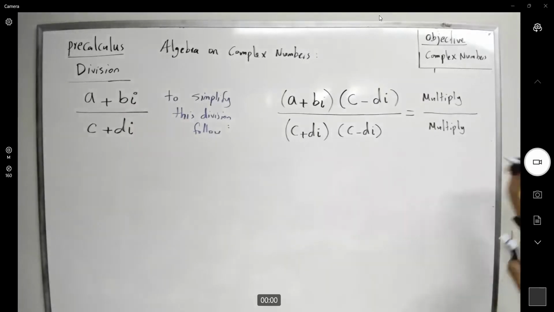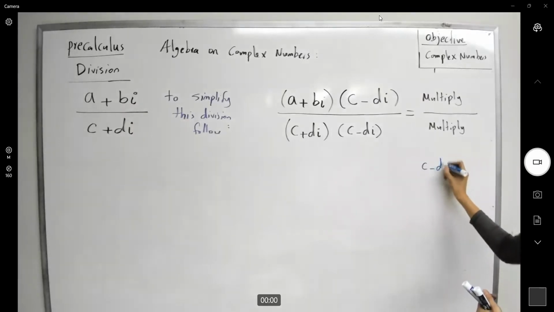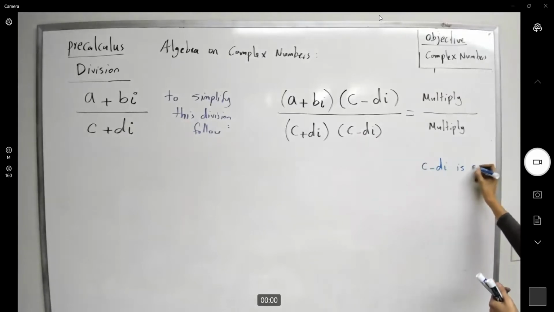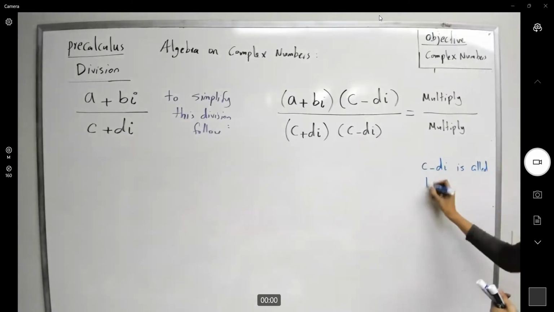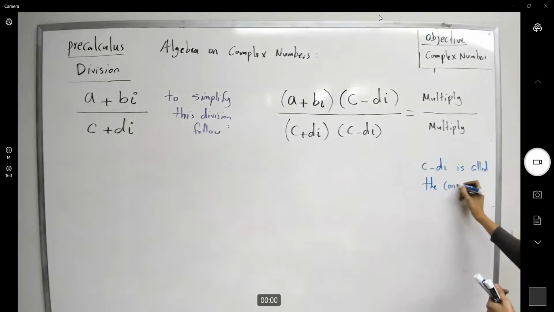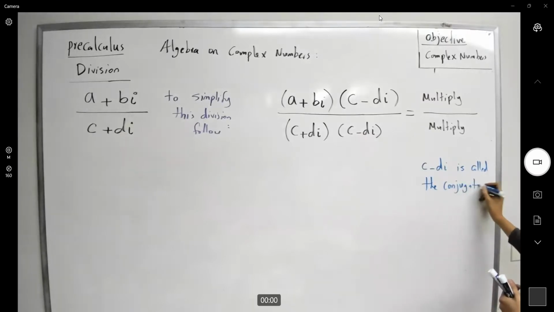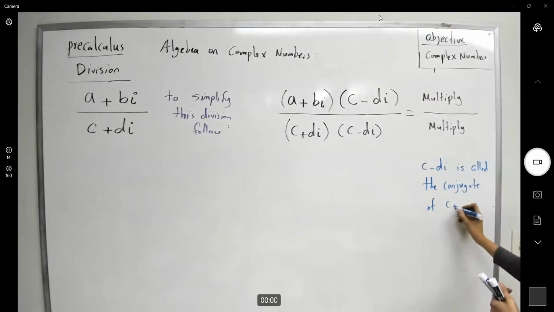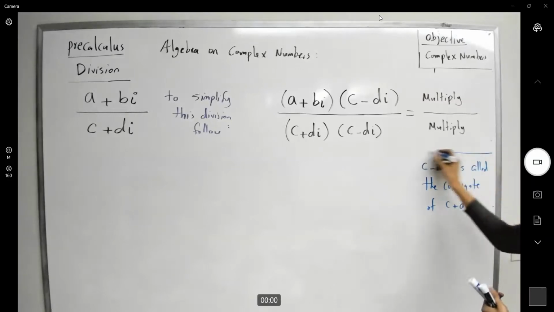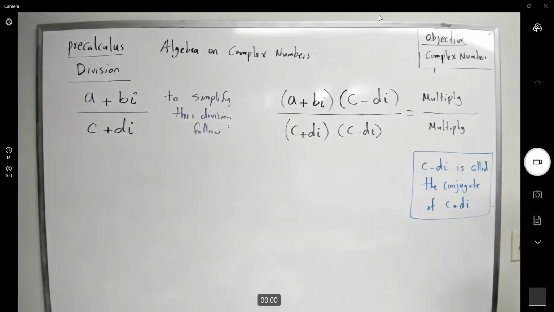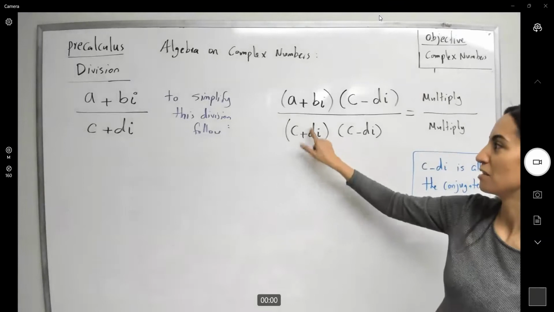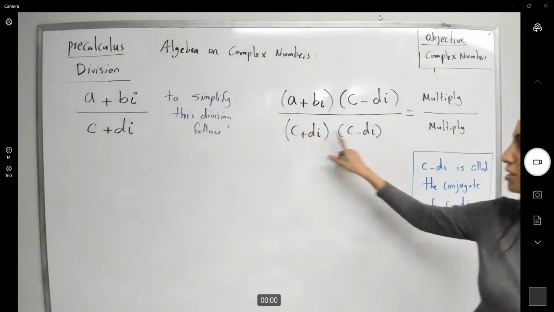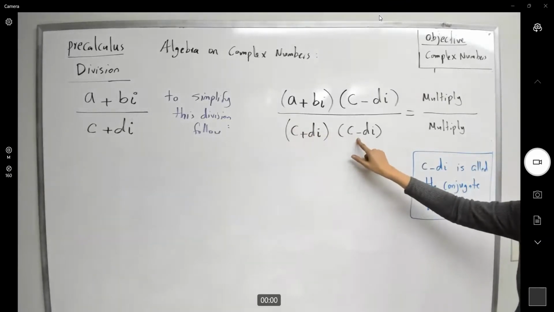So c minus di is called the conjugate of c plus di. If the operation is addition, the conjugate has subtraction.